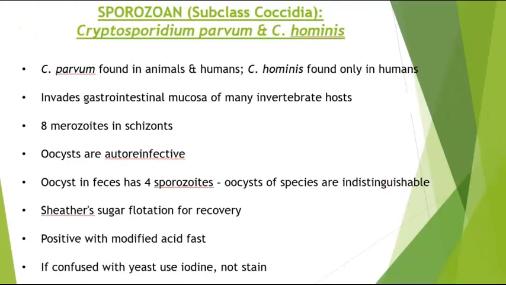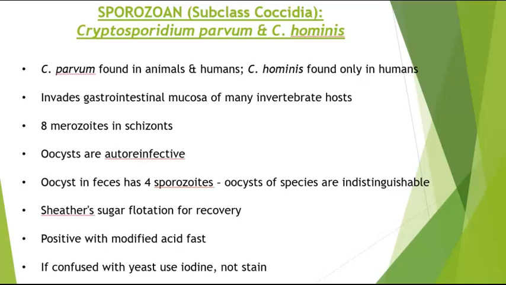The next 2 that are found in the subclass Coccidia are Cryptosporidium parvum and Cryptosporidium hominis. Cryptosporidium parvum is found in animals and humans, but hominis is only found in humans. These usually invade the gastrointestinal mucosa of the vertebrate host. These usually have 8 merozoites within the schizonts. The oocysts are auto-reinfective. So what does that mean?